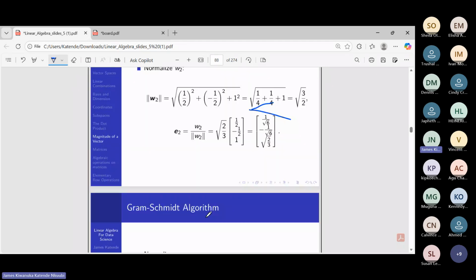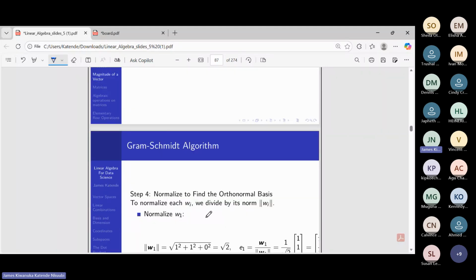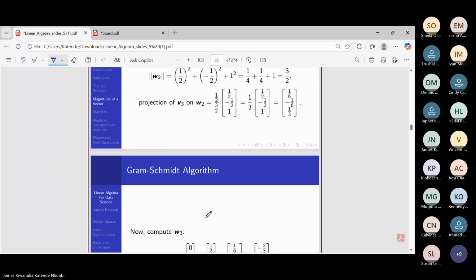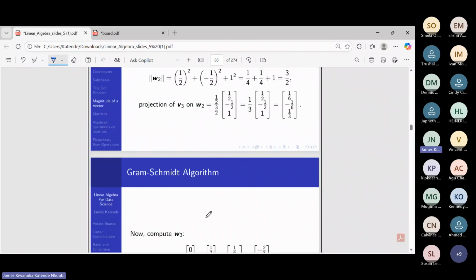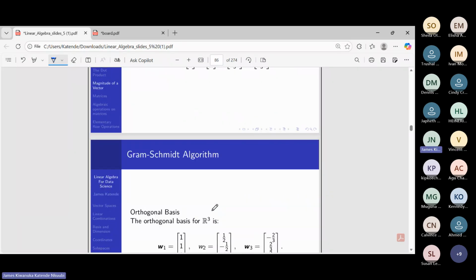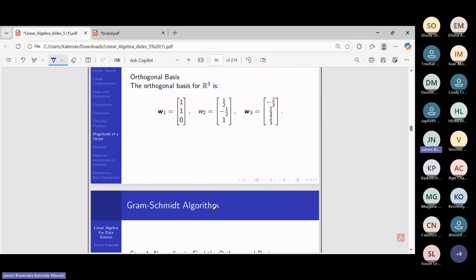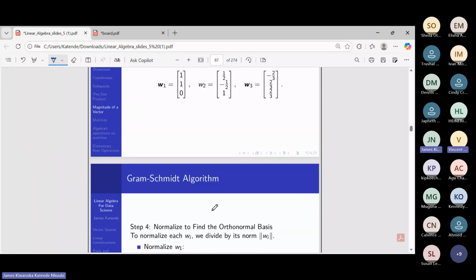So I propose that we do the Gram-Schmidt algorithm at the beginning of a class, not after a lot of calculations, when we have a reasonable amount of time to complete it.